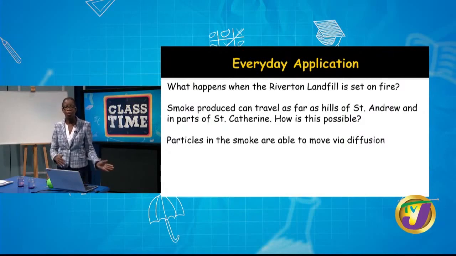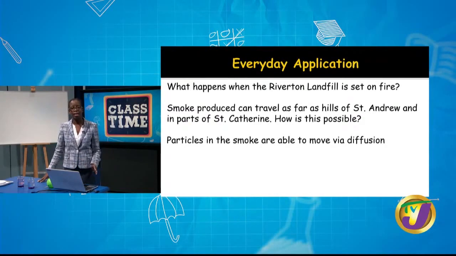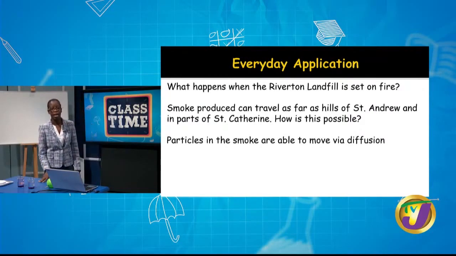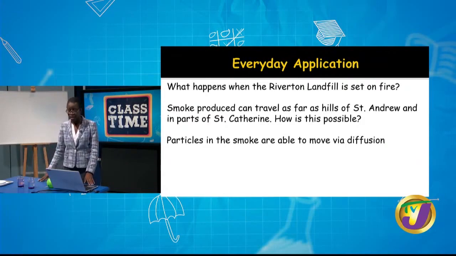So how did this smoke travel to these areas? It traveled because, again, the particles from the smoke are moving from an area of high concentration around the landfill to areas of low concentration, and they're able then to spread by diffusion.